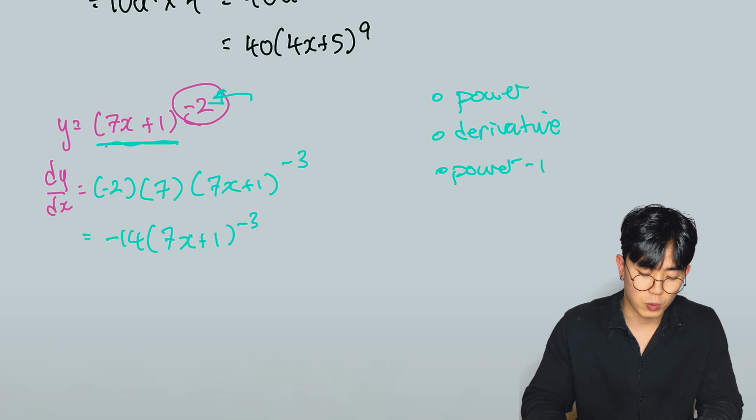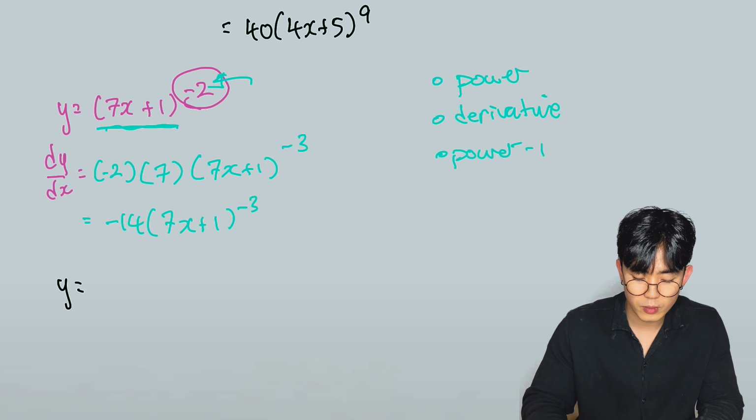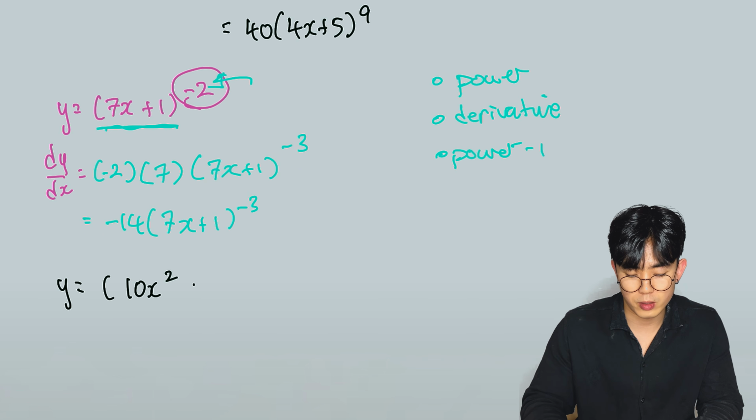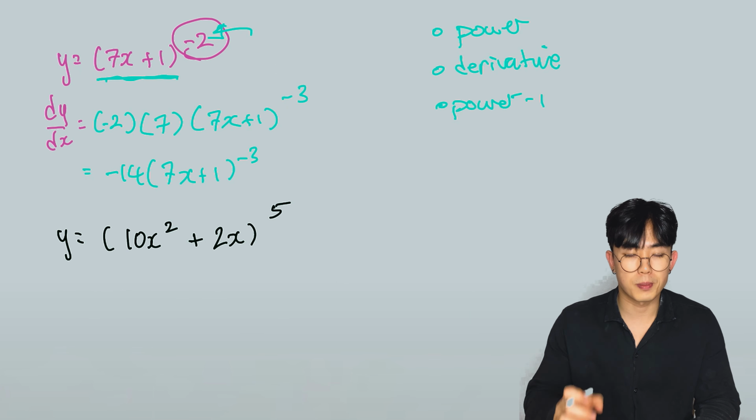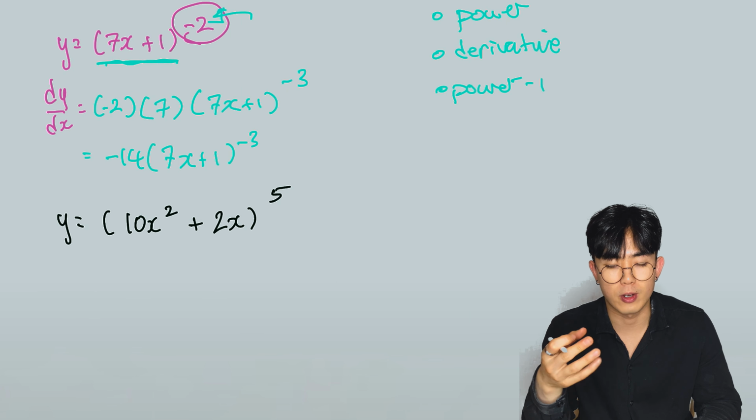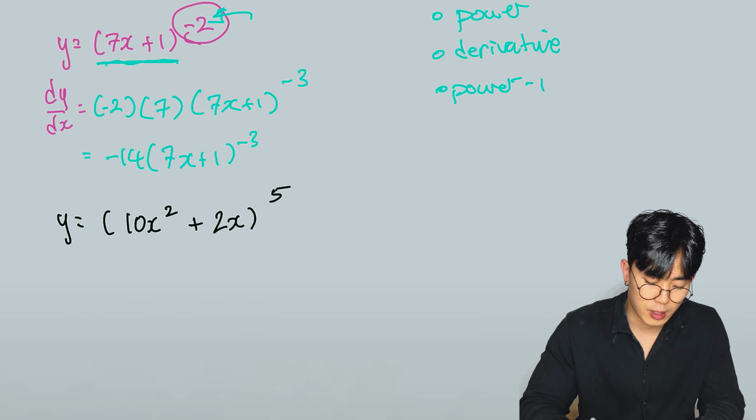So let's say I have y is equal to (10x squared + 2x) to the power of 5, like this, okay? So once again, automatically, because it's raised to a certain power, I know I'd be using the chain rule. So dy/dx is a 3-step process. So the power comes down.